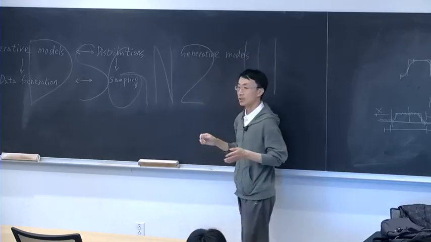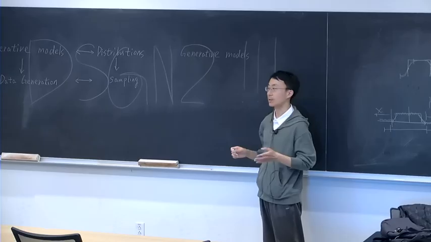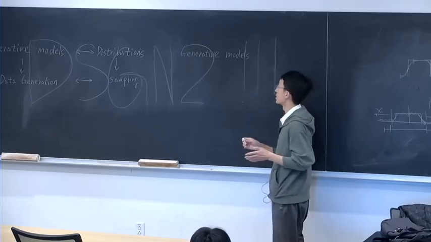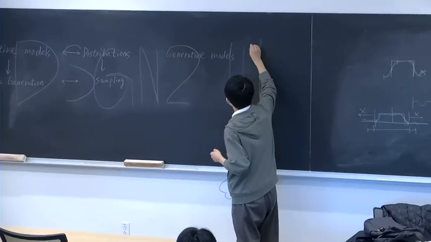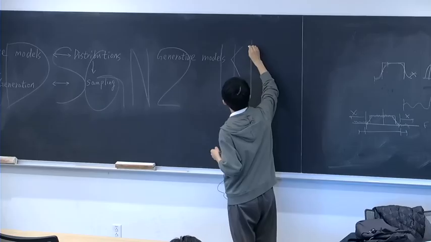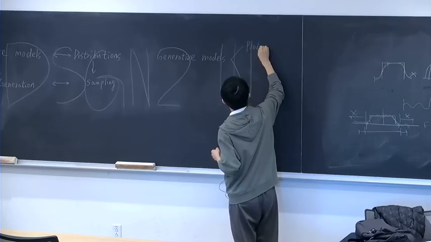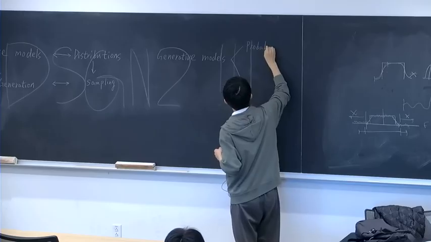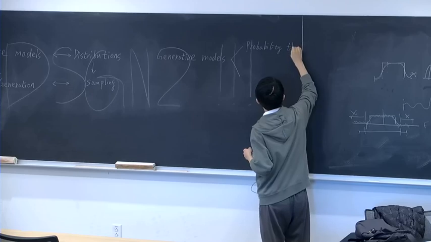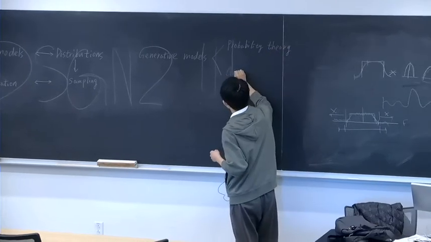Throughout the lecture, we are going to use the terminology generative models or probabilistic graphical models. They are basically the same thing. We are going to utilize two mathematical tools. One is probability theory. The other is graph theory.